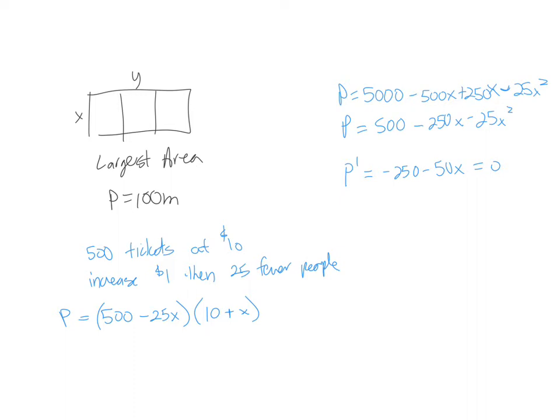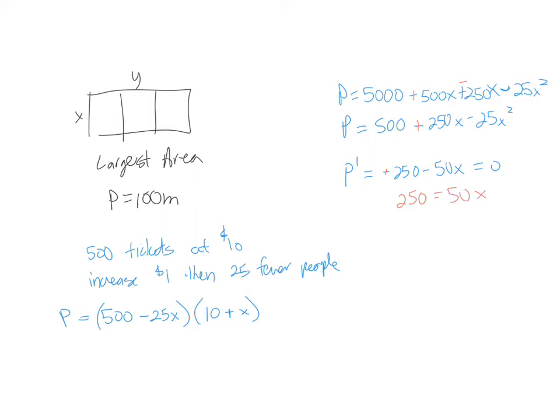Okay, I figured out the mistake again. I did the FOILing wrong originally. When we FOILed it out, it would have been plus 500x and plus 250. Now we're in business. So when we solve this, we'd have 250 equals 50x.